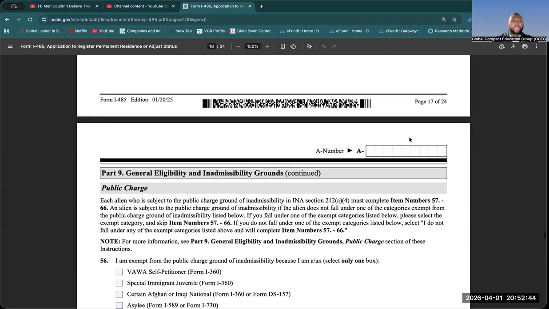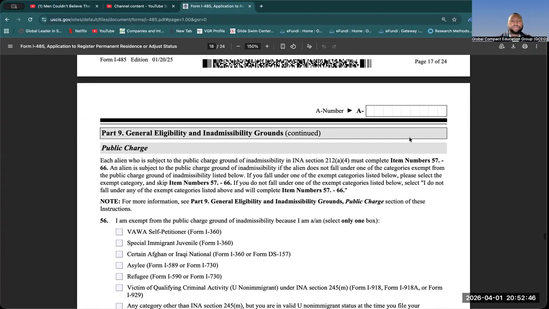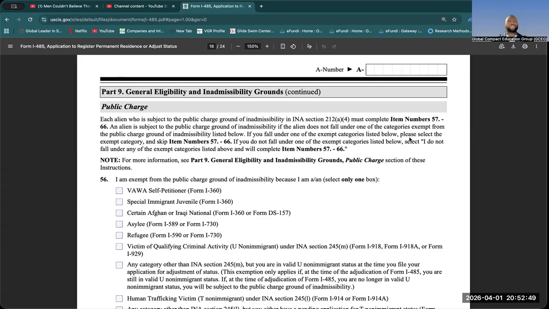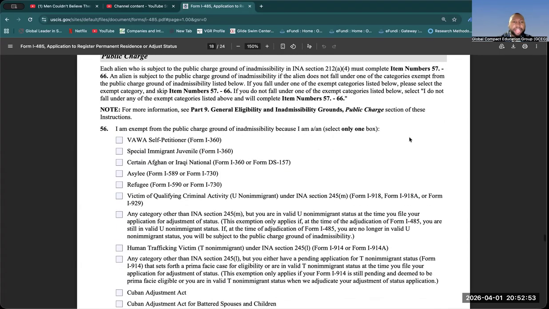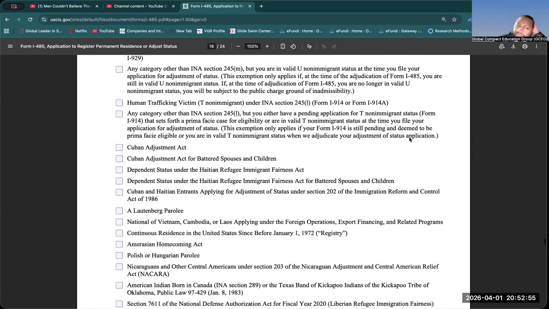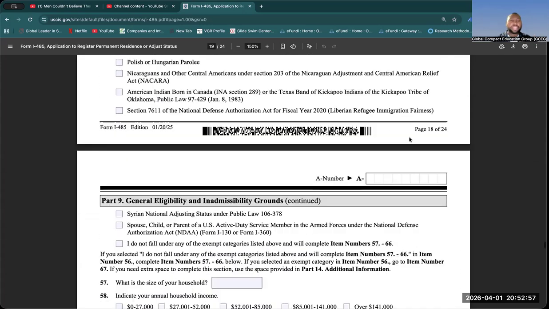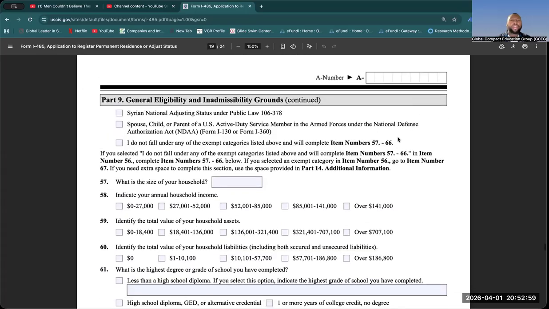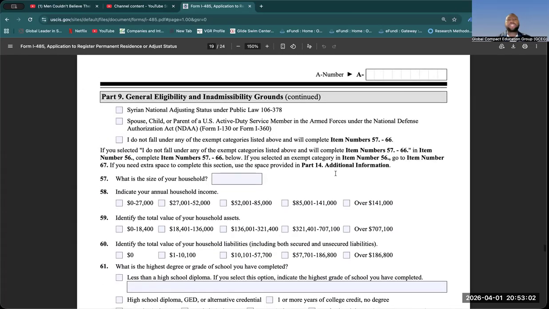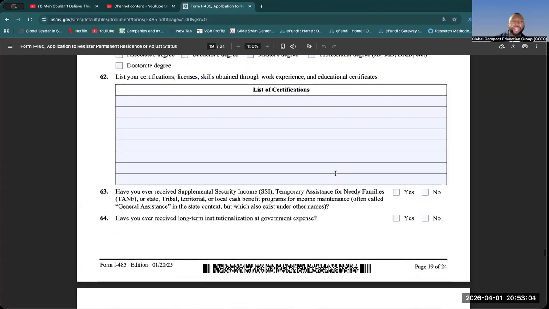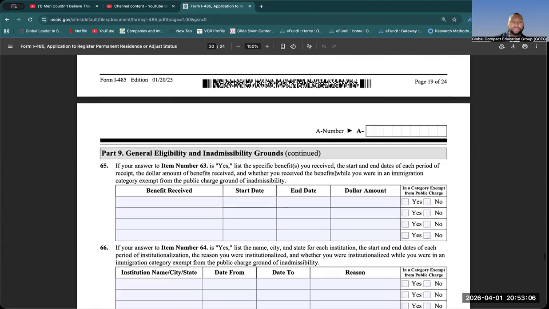Then you need to also complete this part if you have to. But in most cases, there's nothing to put there. About the income, you also need to put information there.